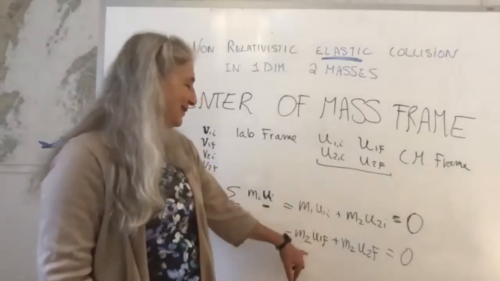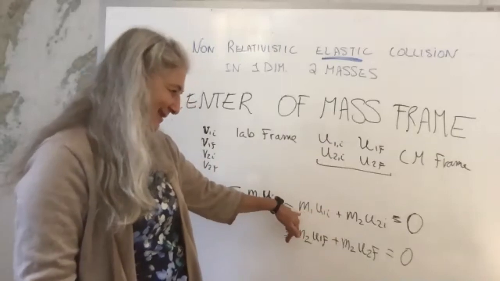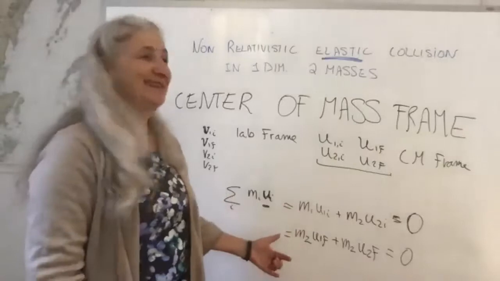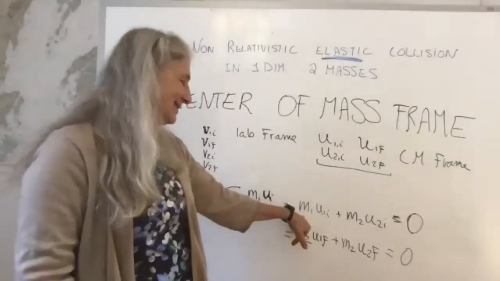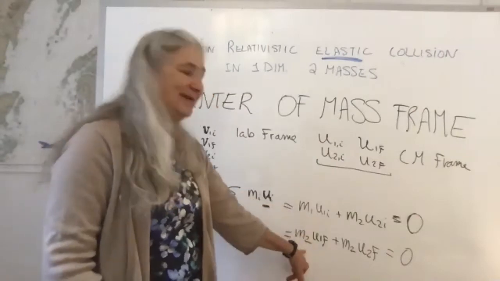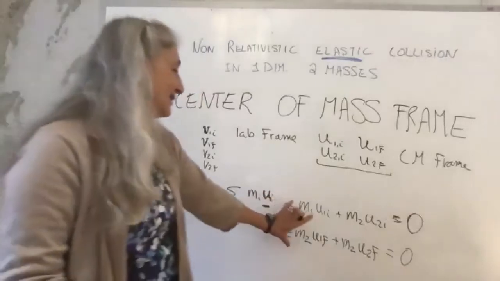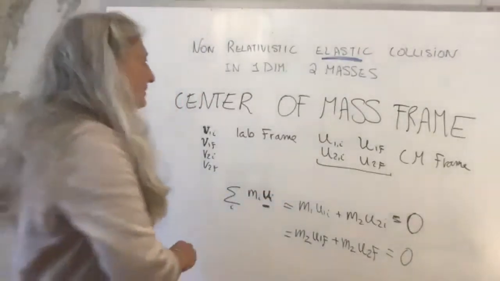Because we're in the center of mass frame, this is actually the total momentum. So the total momentum before the collision is 0, and the total momentum after the collision is also 0, because the velocity of the center of mass is 0. So this is equivalent to conservation of momentum in the center of mass frame.